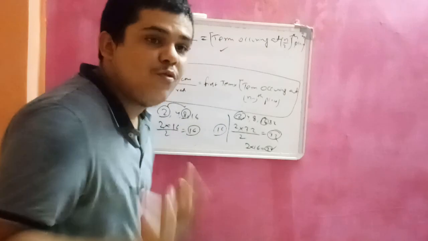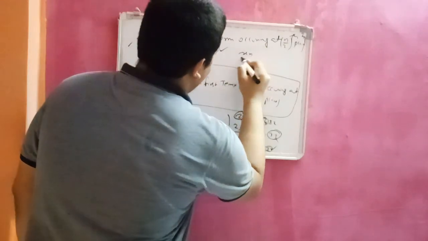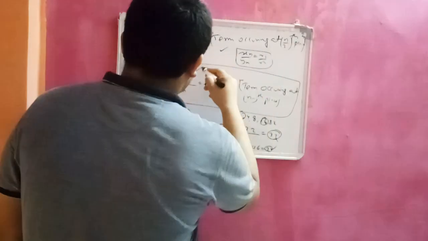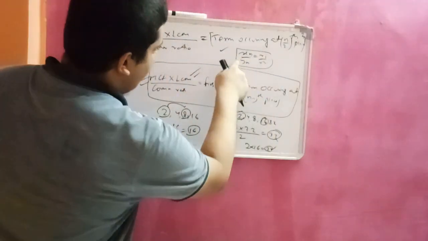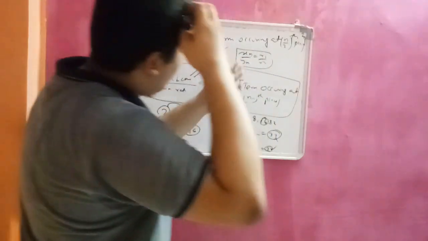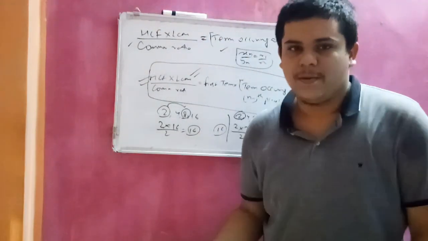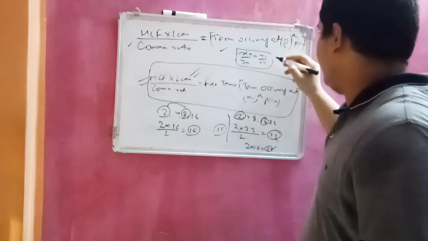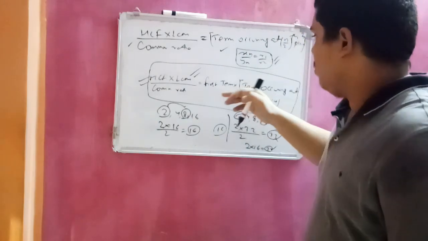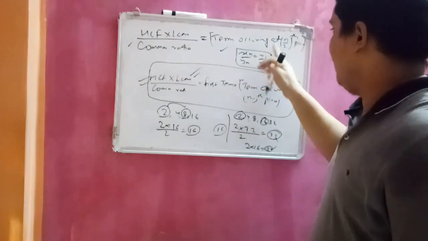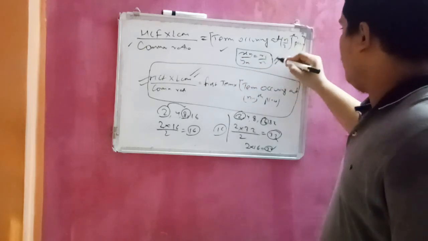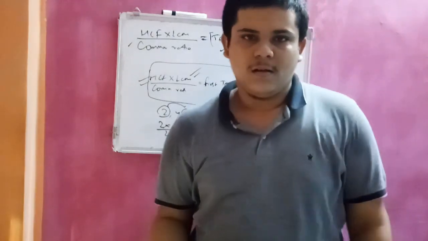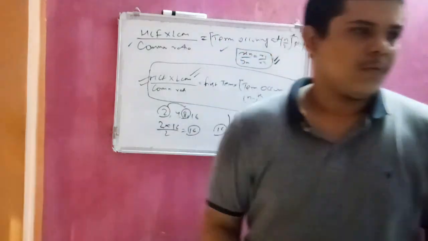Using this, I made a new relation, that is xn by yn is equal to r1 by r2. Using this relation, using these proofs, I made this relation, which was published in my second research paper in the month of March.